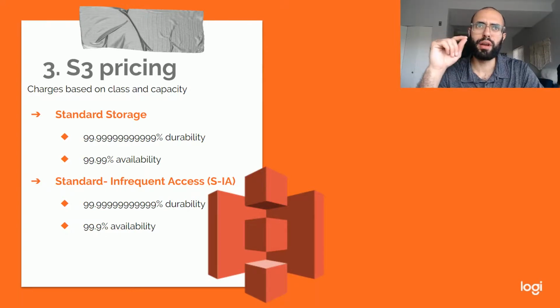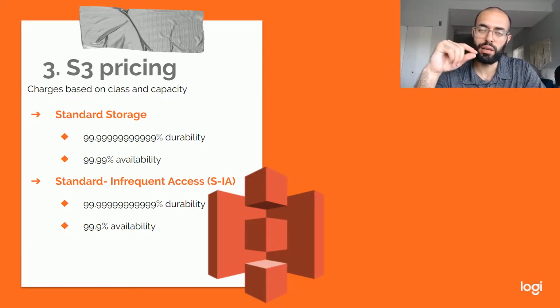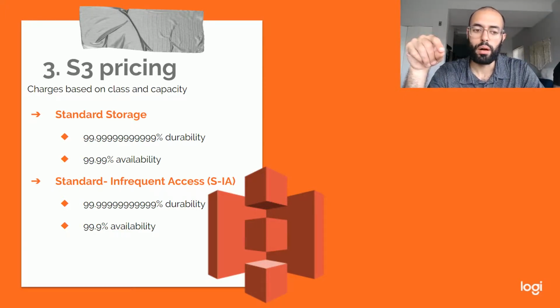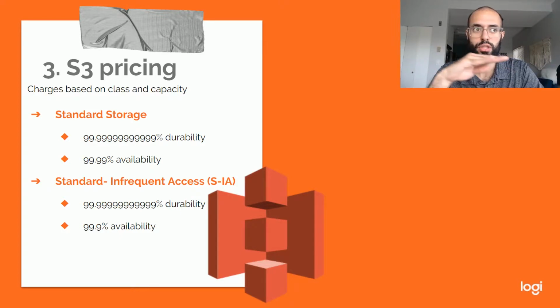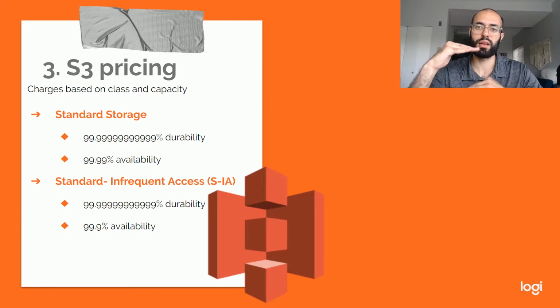There are also very similarly related concepts which are worth digging into. For example, data that's not replicated across availability zones. I think it's called single zone or something like that, in which you also pay less than standard storage. Standard storage is the top, and everything else you pay less for.